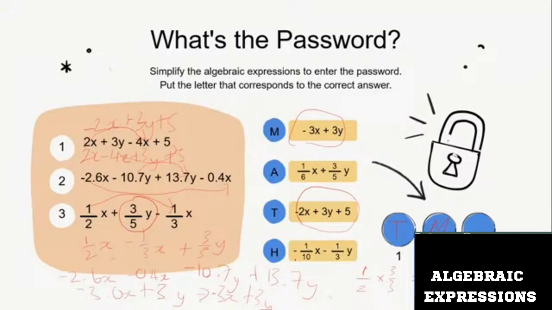Do we have an answer that is 1 over 6? Yes, this one. And plus 3 over 5y, which is basically going to remain unchanged. So it will be T, A, M, A.